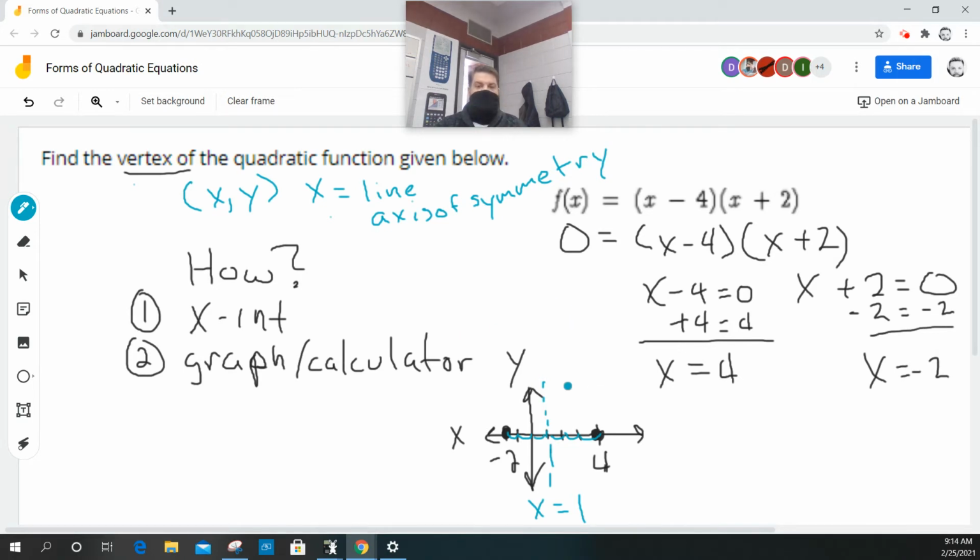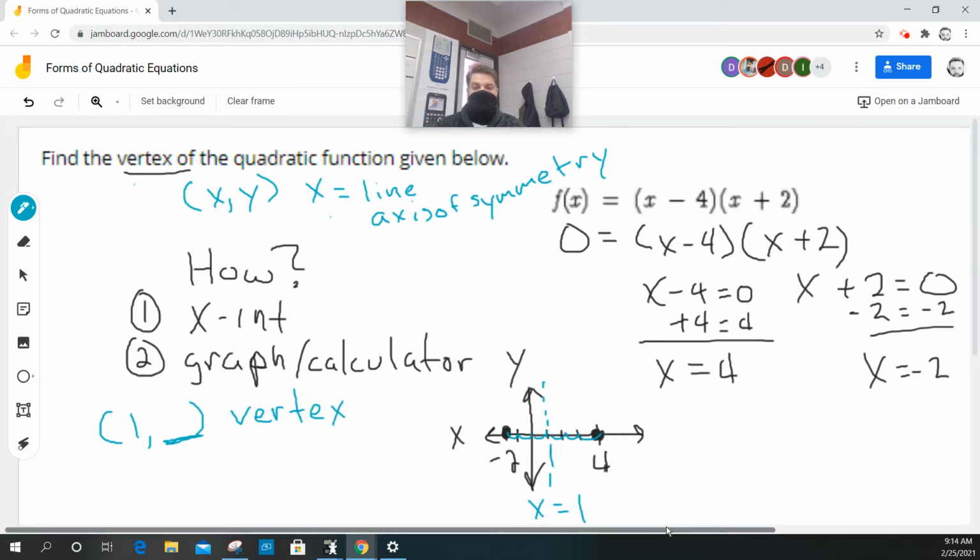So somewhere on this graph, in other words, when x equals 1, that's the vertex. Because the vertex lies somewhere on this line, right? So I just need to figure out what the y value is when x equals 1. Can I do that? Yeah.